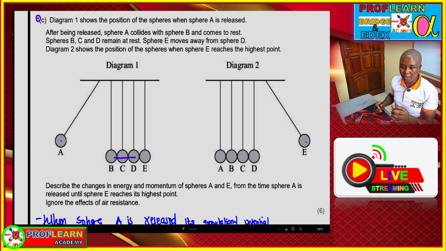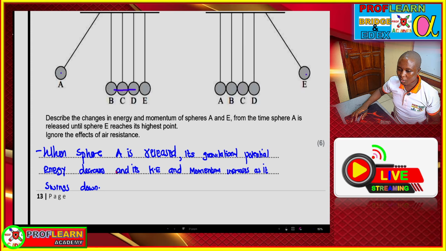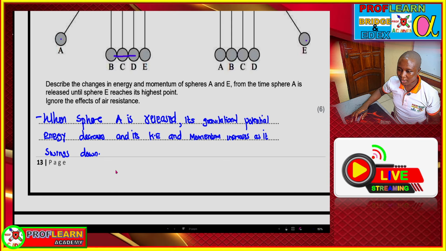So it will start to rise until it reaches the maximum height. As it rises, its kinetic energy will be decreasing as the gravitational potential energy will be increasing until it reaches the maximum height. So basically that's what you need to understand at that given point. But now let's see how you are going to give the answer.